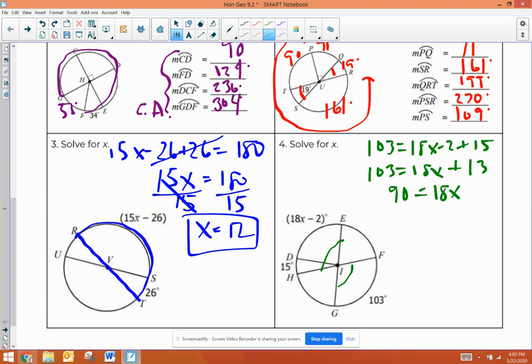So x is 5. Cool. From there, I would be able to solve for the measure of arc HG if I needed to, but I don't need to, so I won't.